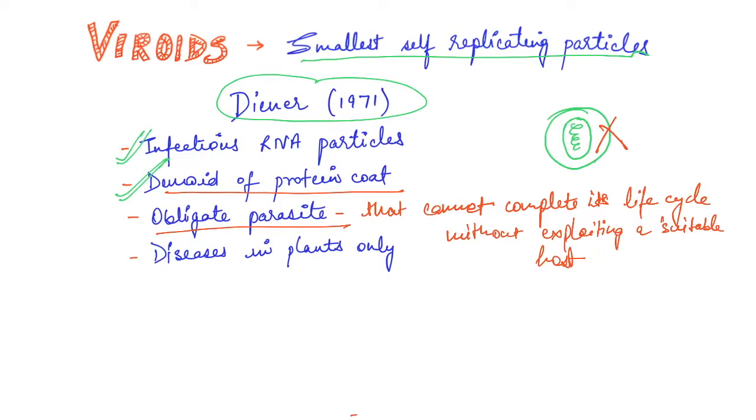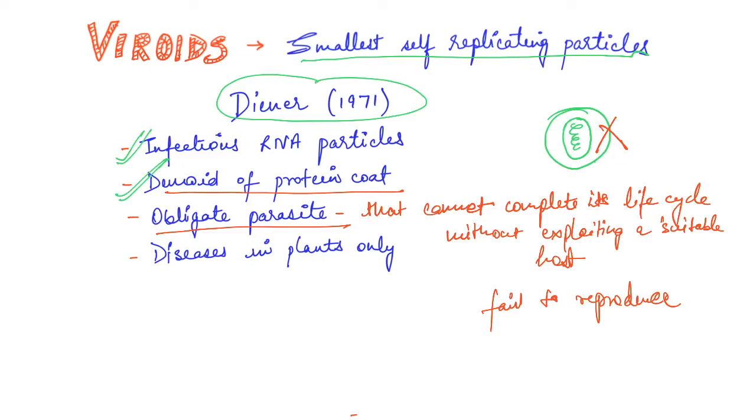Okay, so if in case a viroid does not get a host, what will happen is it will fail to reproduce.